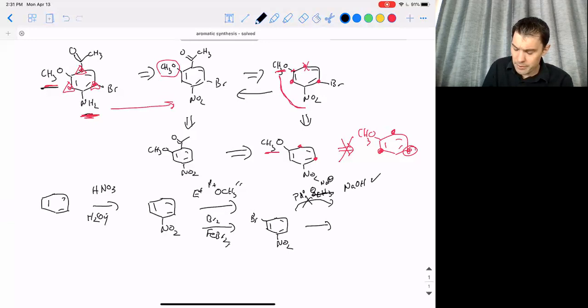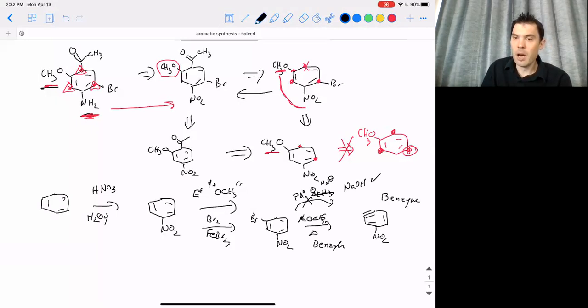The other way maybe is if we have very strong base, and so we can use methoxide, NaOCH3, and maybe we can really cook this hot and get benzyne chemistry to happen. And with that benzyne reaction, sometimes you can end up with different products out because you're going through the aromatic triple bond group.